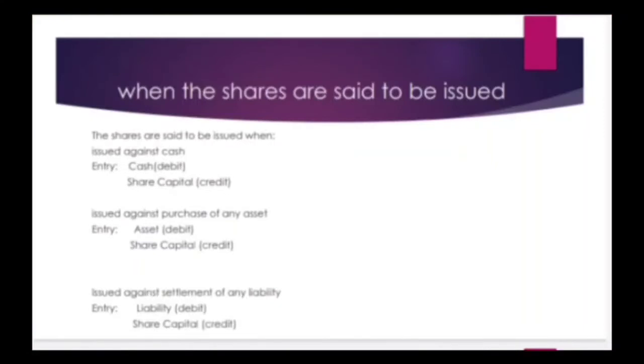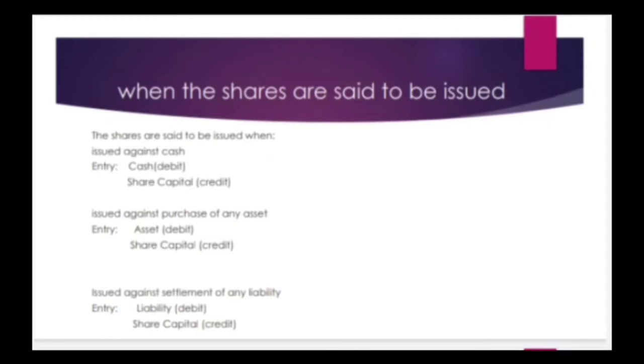So when the shares are to be issued, before discussing this, we have to keep in knowledge that whenever the company issues the shares, the next party becomes the shareholder, and his or her amount shall be credited to the share capital account. So the shares are said to be issued when they are issued against cash.